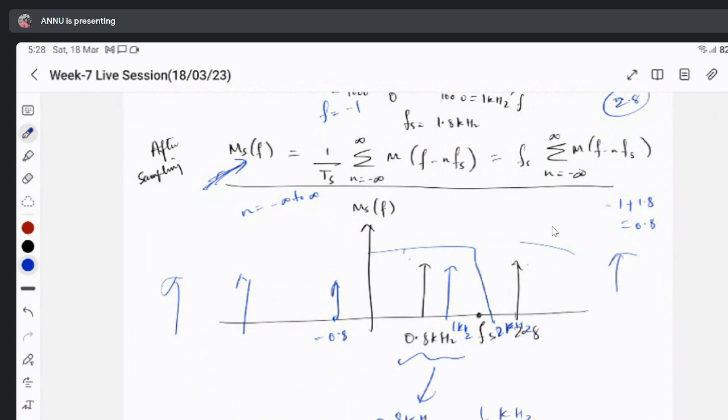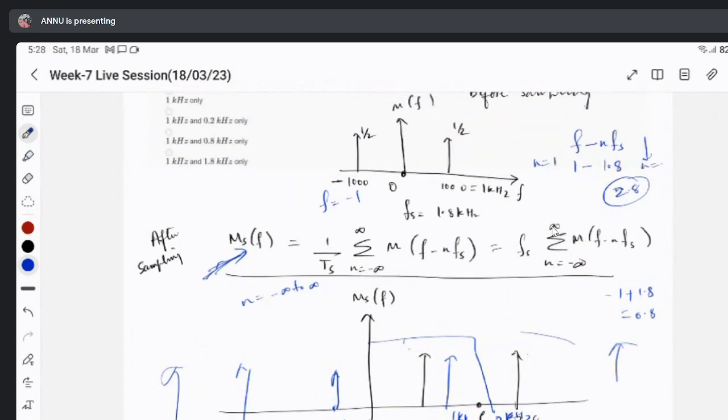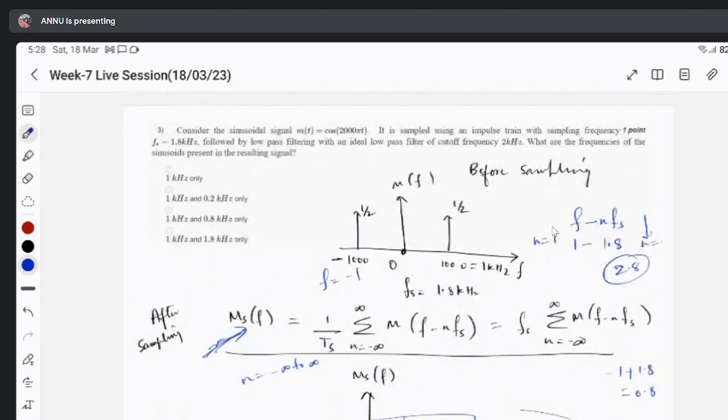Only those two. So you have to remember the time domain and frequency domain representation of sampling and the sampled signal. Then you have to visualize how we can draw and see n equal to minus infinity to infinity, up to the low pass cutoff frequency, which is 2 kilohertz.